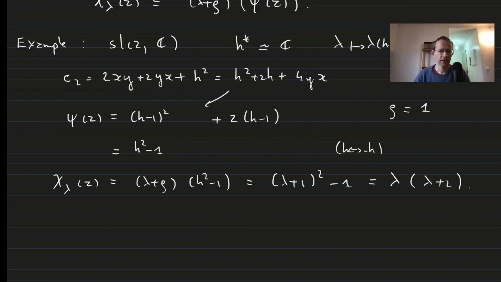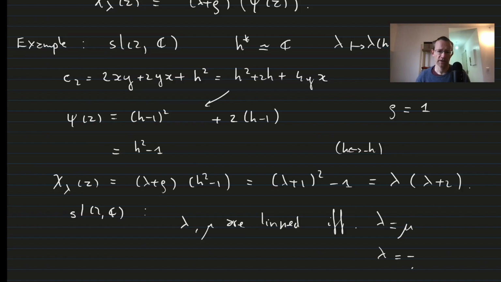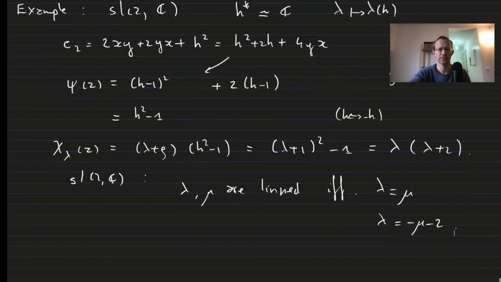So therefore, for SL2C, we have that lambda and mu are linked or in the same linkage class if and only if lambda is mu or lambda is minus mu minus 2. These are the linked weights, and this for all lambda and mu.